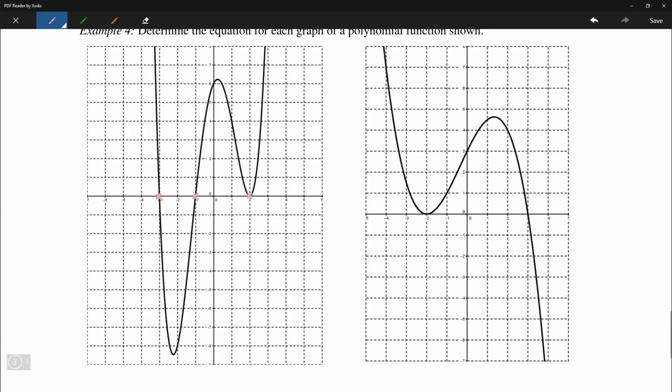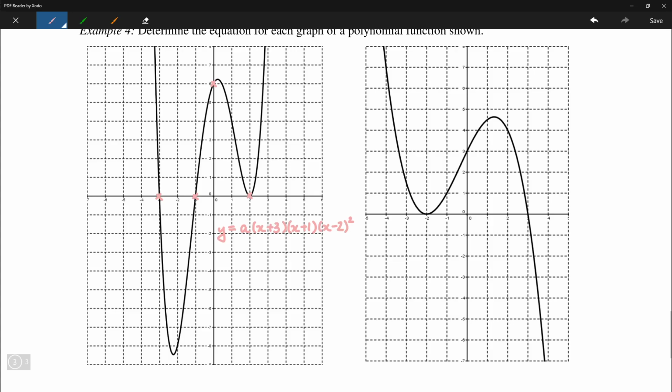And the multiplicity would be 1, 1, and 2. And also a y-intercept of 6. So if we were to put this all together, we'll get y equals a for now, and then x plus 3, x plus 1, and also x minus 2 squared.